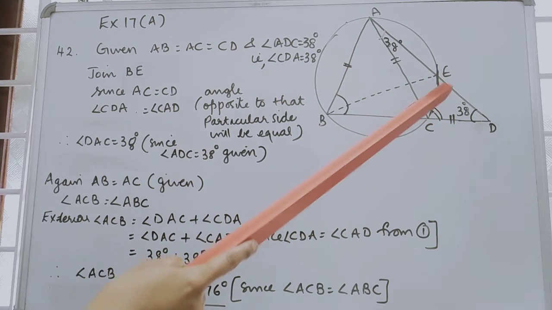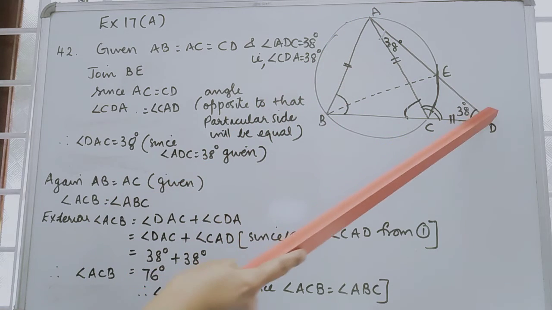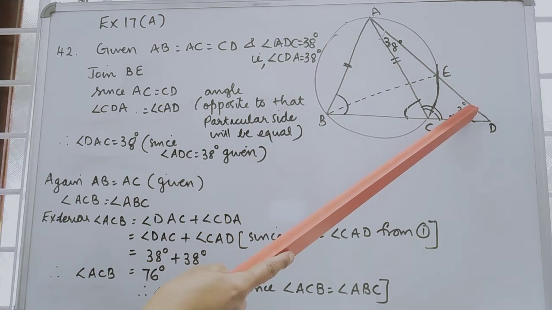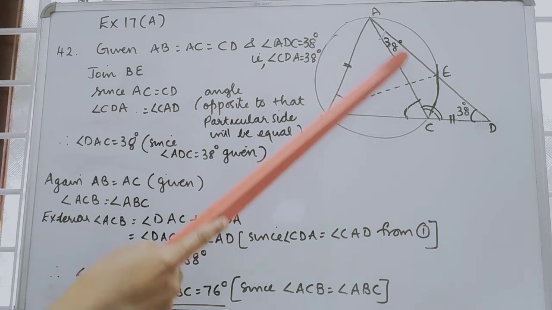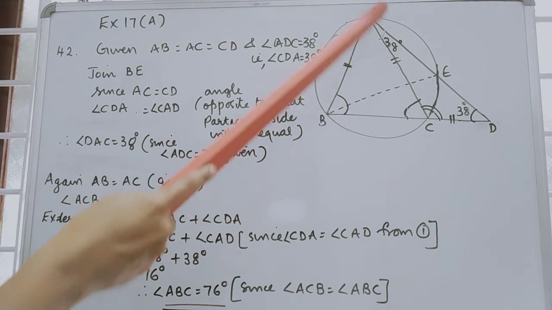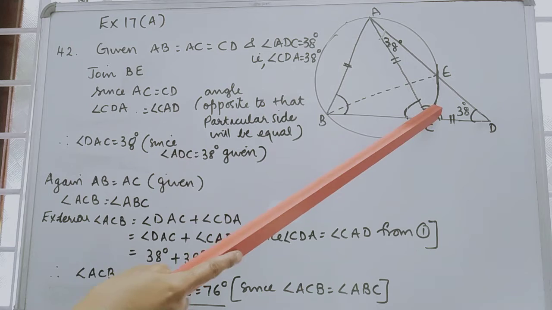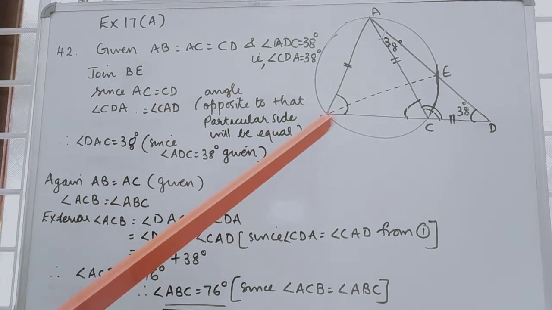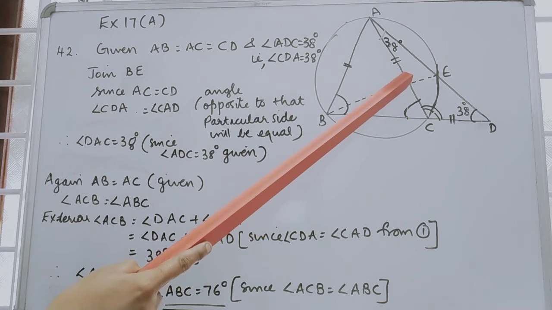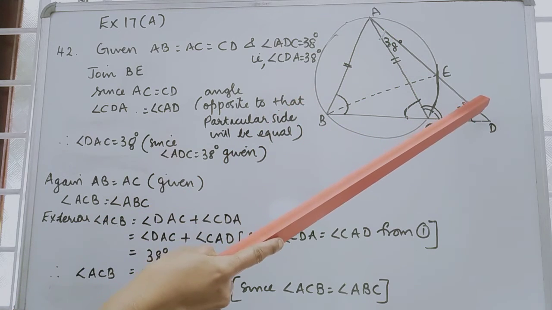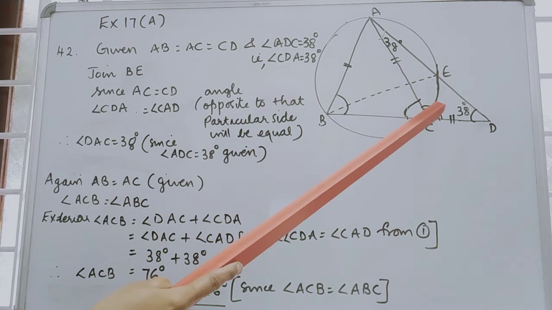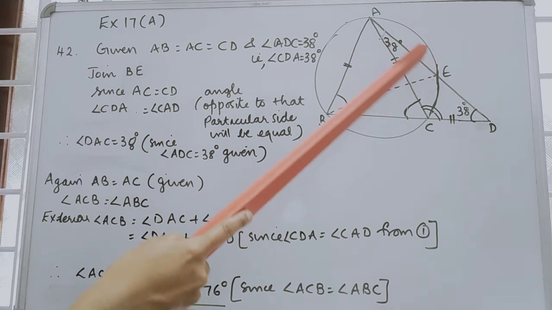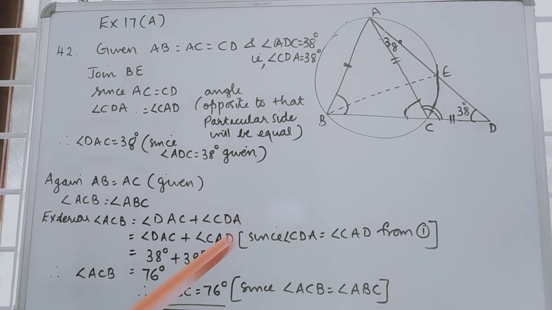We are considering the exterior angle of ACB since these two interior angles are given. ACB is equal to DAC plus CDA. So 38 plus 38 is equal to 76 degree. That is, angle ACB is equal to 76 degree.